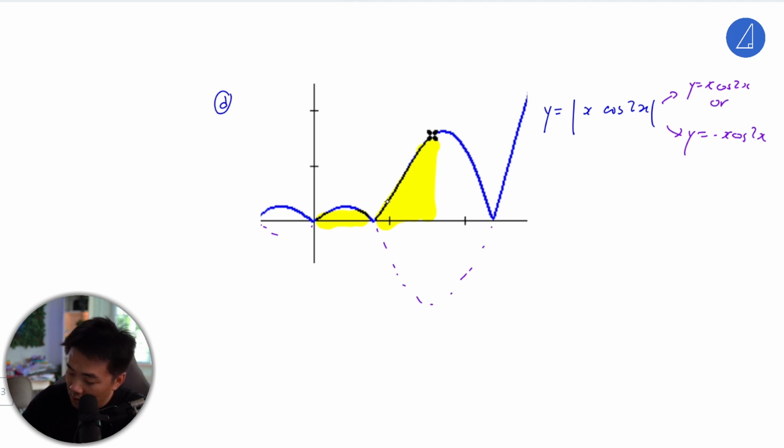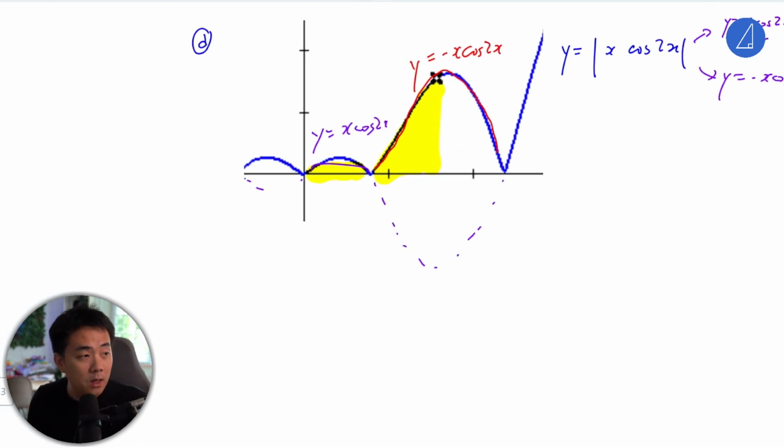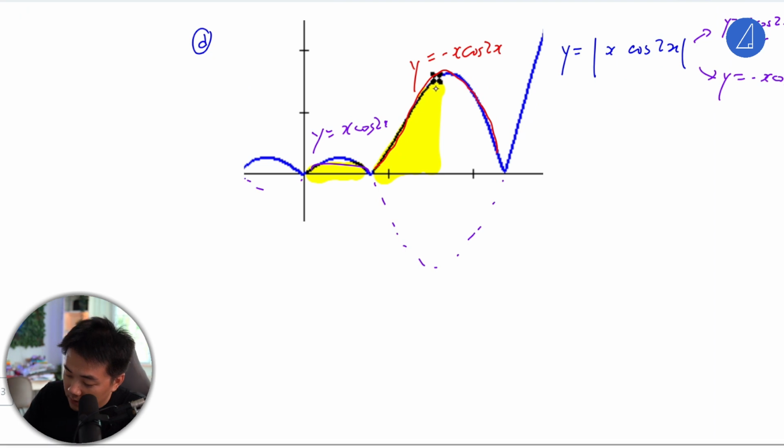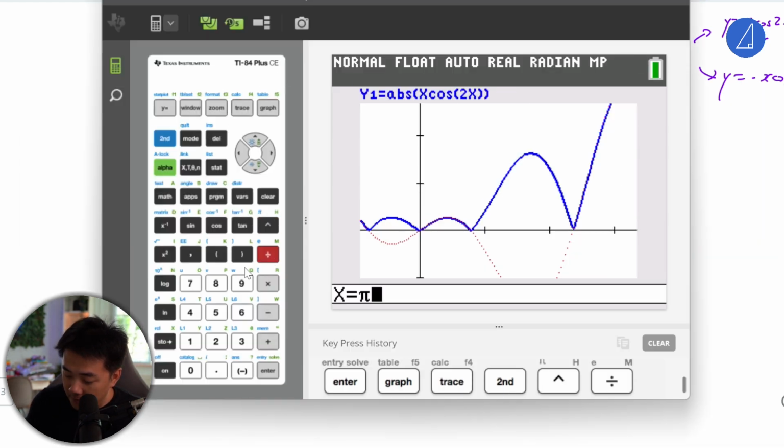So from here, what I know is this function is actually y equals -x cosine 2x, whereas this guy here will be y equals x cosine 2x. So basically that's it. We need from 0 to pi over 2. This is pi over 2 here. This guy here would likely be pi over 4. Just check, it's half of it. So pi over 2, just trace, put pi over 4 here.